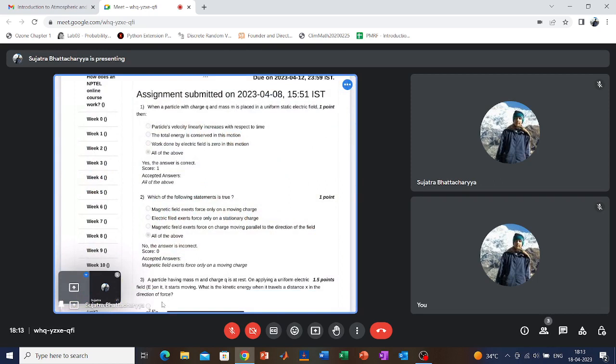Second thing, electric field exerts force on a stationary charge. Well, yes, you have to remember about this thing only.